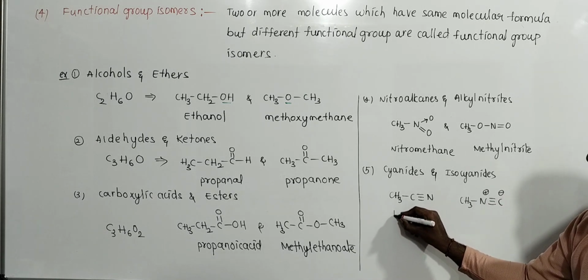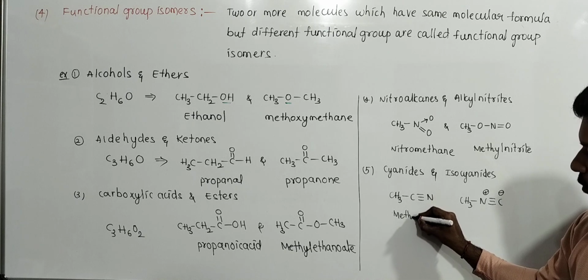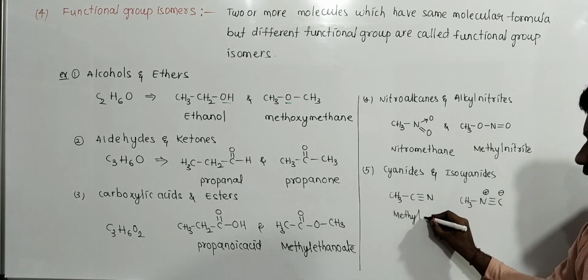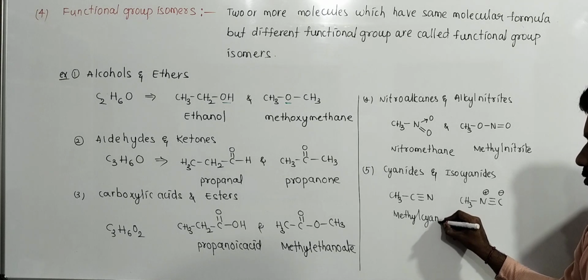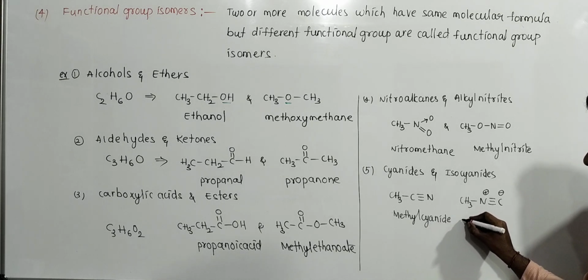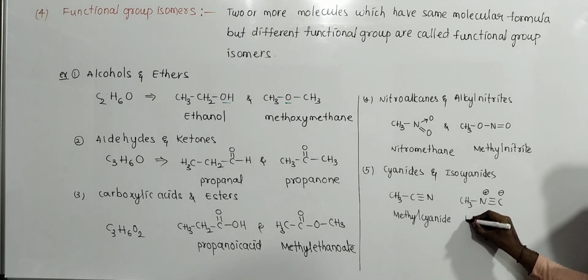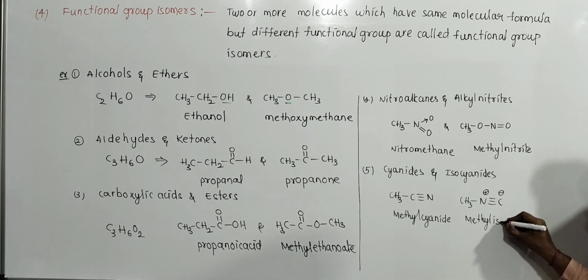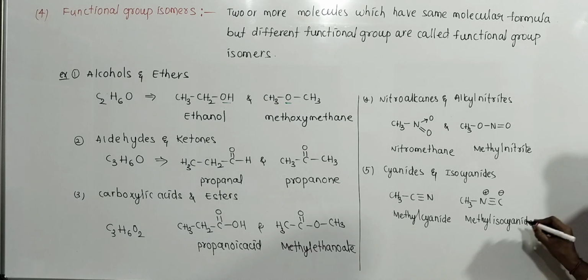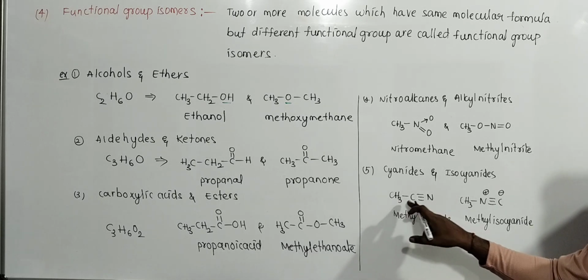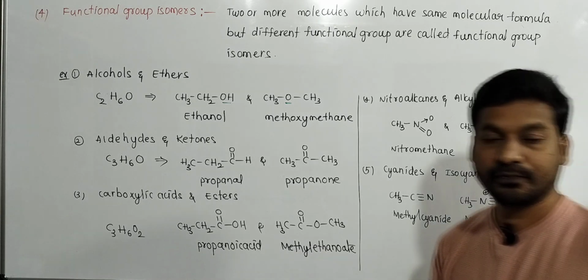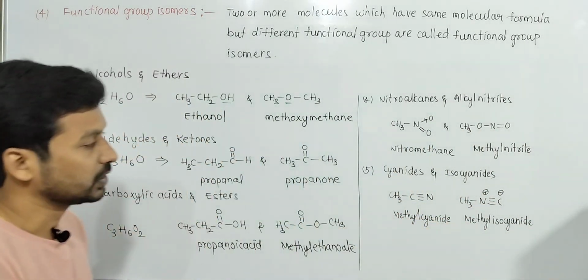This is methyl cyanide. Molecular formula same: 2 carbon atoms, 3 hydrogen atoms, 1 nitrogen atom. Methyl cyanide. And this is methyl isocyanide, or methyl isonitrile. Methyl cyanide is ethanenitrile, and methane isonitrile. So all these are functional group isomers.